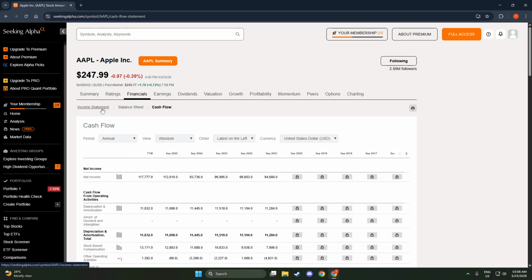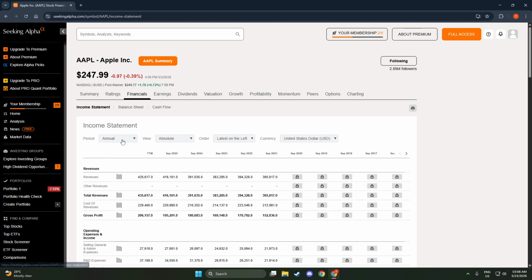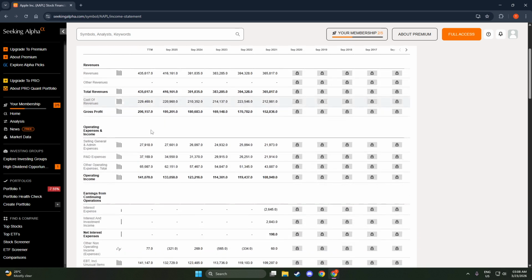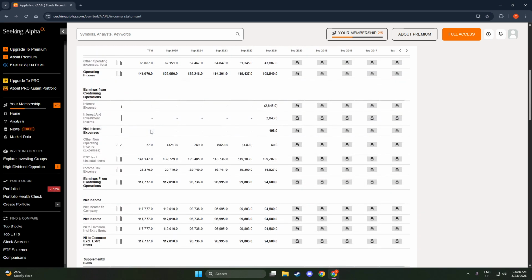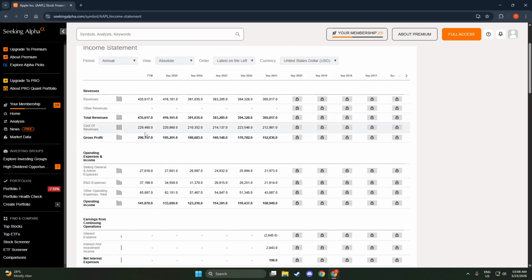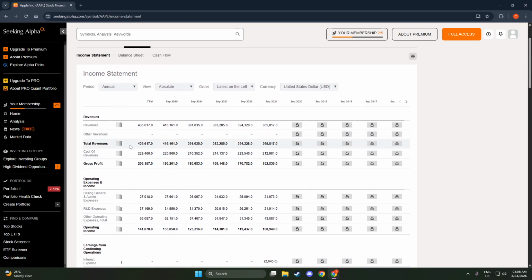The balance sheet is a snapshot of what the company owns and owes at a point in time: assets, liabilities, and shareholders' equity. The cash flow statement explains how cash moves in and out of the business, separating operating cash, investing activities, and financing activities. Together, these three give you a full picture of performance, stability, and cash health.